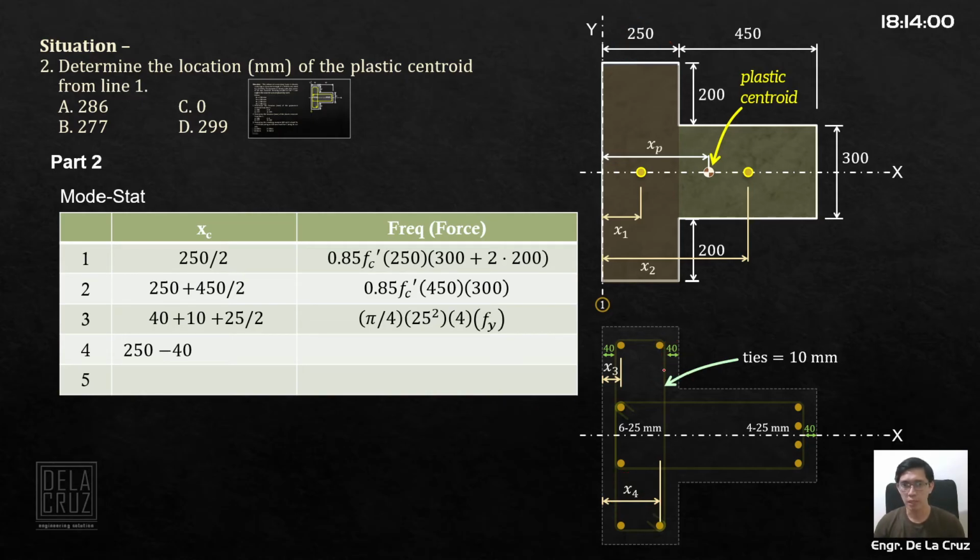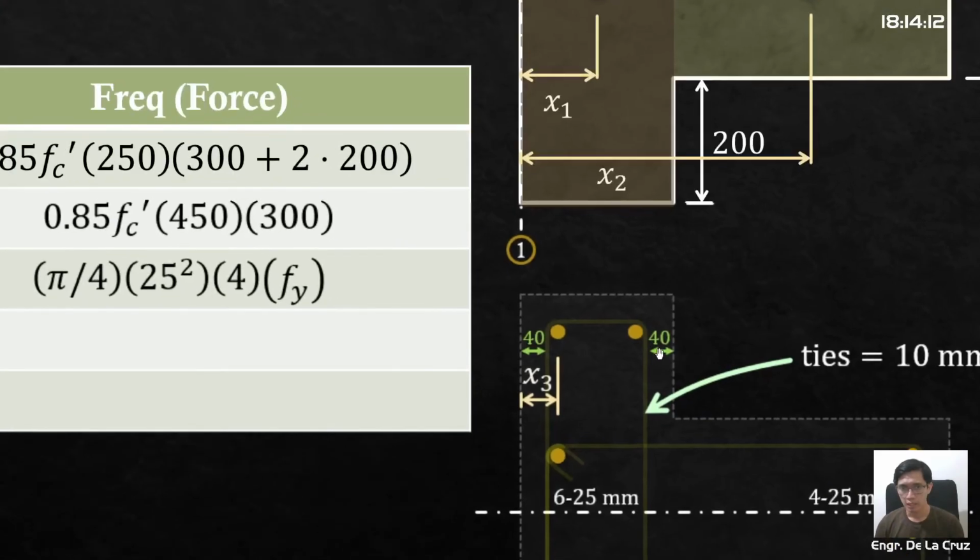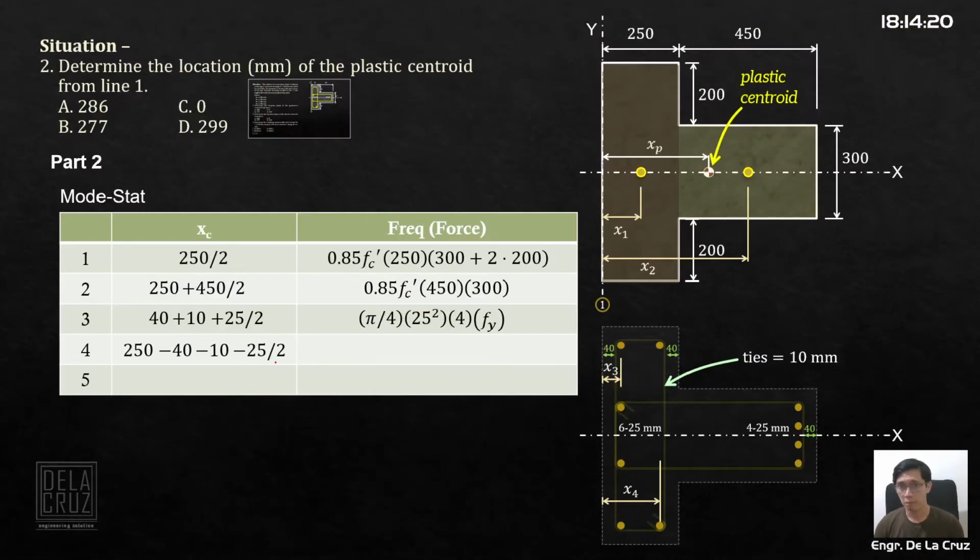Minus 40 mm. Then, atras pa tayo ng tie diameter. Minus 10. Then, to the center tayo ng bar. Minus 25 over 2. Again, ito yan ha. 250 ito, minus 40 minus 10, minus kalahati ng diameter, 25 para nasa gitna tayo.